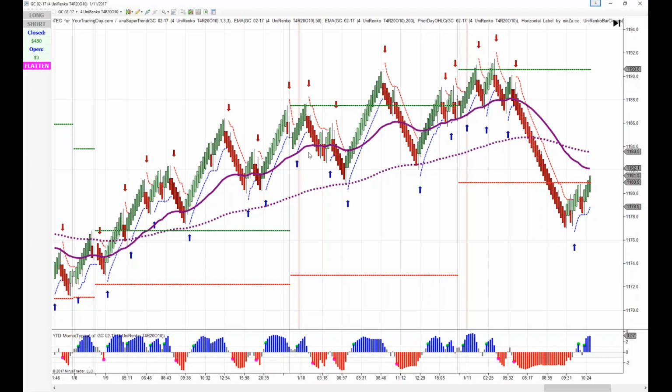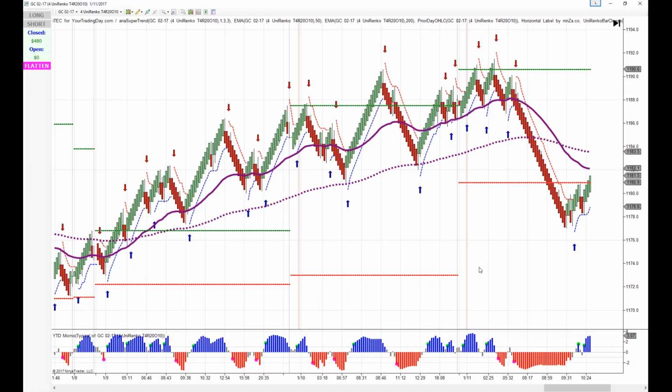When the 50 moving average line is above the 200, we would only take buy trades, and that's only if we were looking to take buy trades from the 30-minute chart. So if we were looking to take a buy trade on gold, this is the gold chart, we want the 50 moving average to be above the 200 moving average.